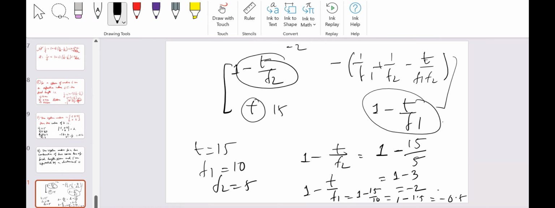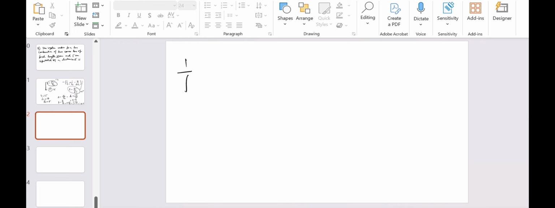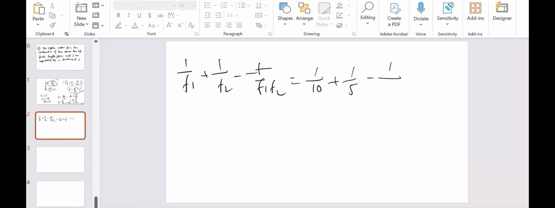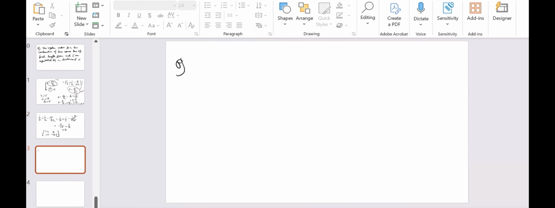Now we need to calculate the focal term, that is 1 by f1 plus 1 by f2 minus t by f1 f2, that is 1 by 10 plus 1 by 5 minus 15 by 10 into 5. So this is 3 by 10 minus 3 by 10, this is 0. So the system matrix will be minus 2, 15, 0, minus 0.5. This is the answer.